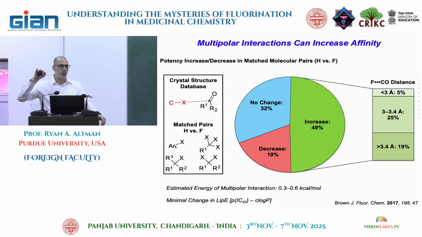Okay? If you can observe this interaction in your crystal structure or your docking model, you have a 50% chance of having a more potent compound when you put fluorine in there. So it's a coin toss, 50-50. Okay? Sometimes you have no change, sometimes you get a decrease. So why not try?